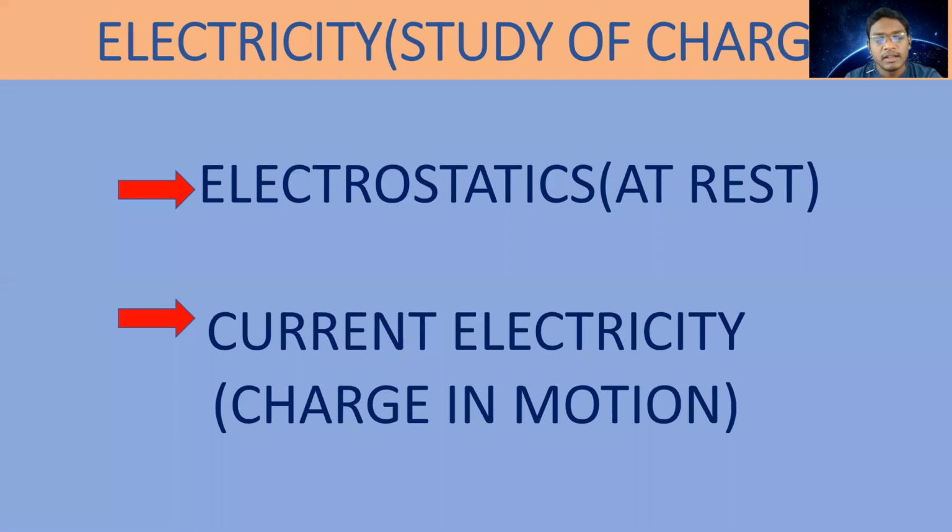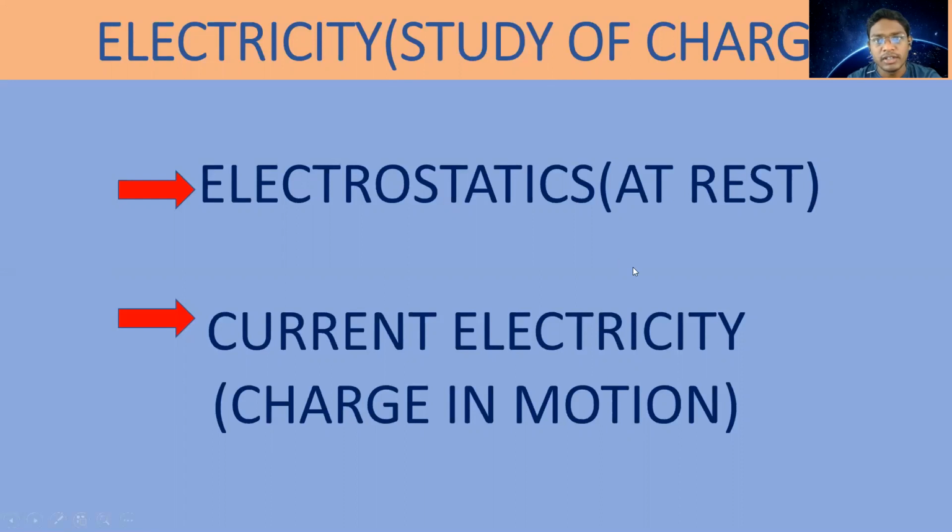Now we'll see what is electricity. As you can see in the slide, electricity is the study of charge. What charge is, we'll discuss in the next slide. For the time being, remember that it is the study of charge. There are two possibilities: a charge can be at rest or in motion.